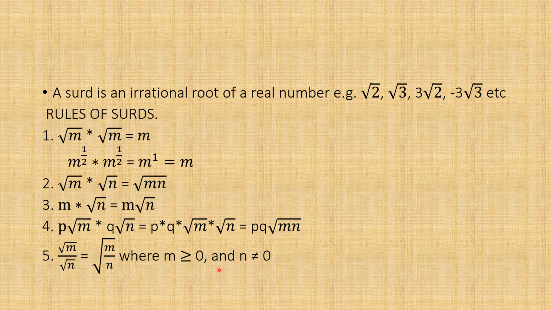This is because if n is equal to 0, we shall have an imaginary number. Any number divided by 0 is not defined, so we cannot have a root of that. So n should not be equal to 0 and m must be greater than or equal to 0.